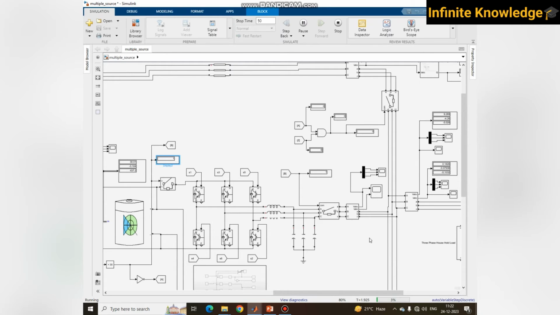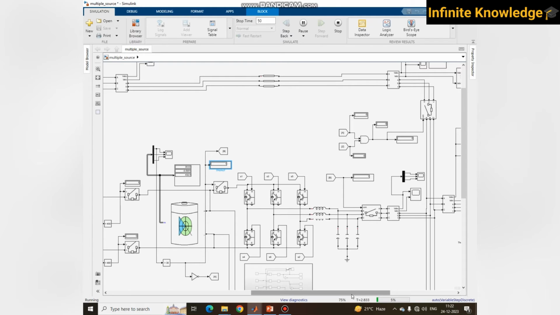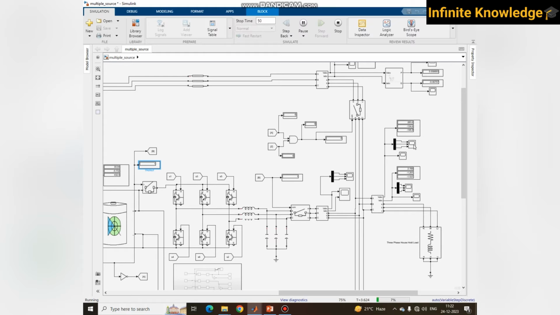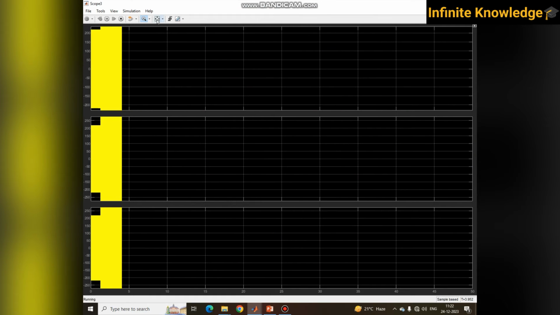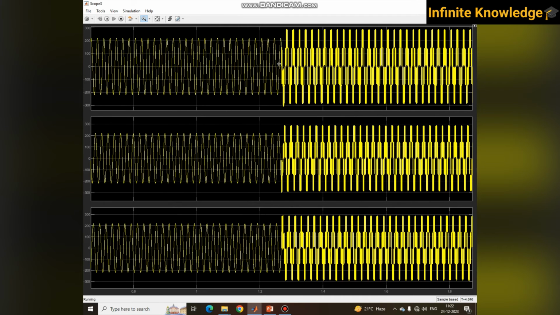It clearly means that you are changing from grid to solar whenever your solar radiation is properly available. You can also consider there is some voltage spike, and that happens because you are using an inverter. If you average it, you get a proper signal.